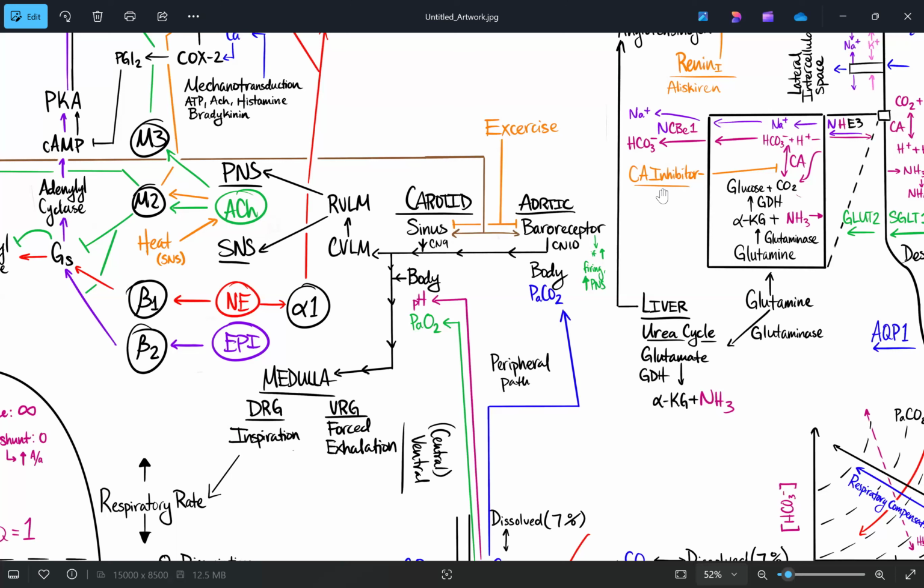It senses pressure directly, whereas the body just does pH and PaO2. What those signals will do, it'll go to both the CVLM and the RVLM, which will affect the firing of your PNS and SNS. So let's say your PNS is firing more, like I said, from the aortic baroreceptor, you're going to release more ACH. You're going to probably constrict your lungs and relax your blood vessels.